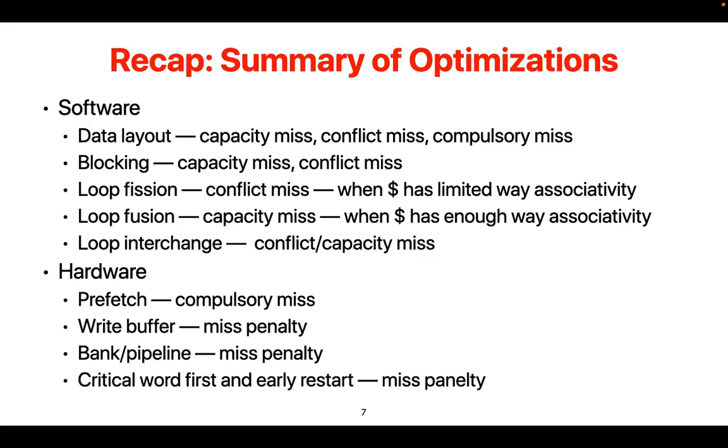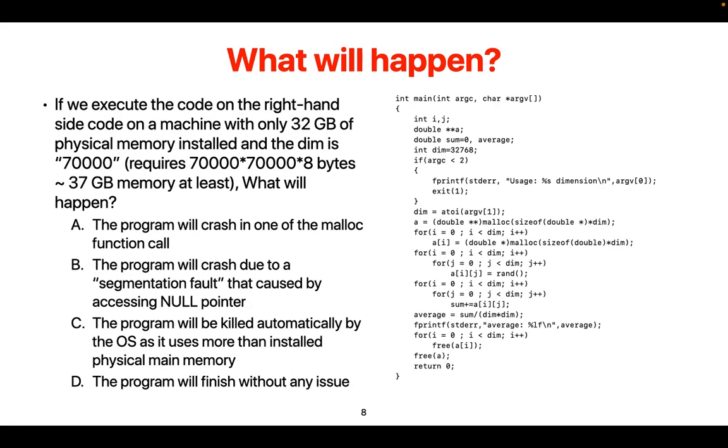However, I also showed you that with different processors and different code, the effect of prefetching is different. Hardware also adds things like write buffers, banking, multi-pipelining, critical word first and early restart. It's all about reducing miss penalty. None of them can help reduce the miss rate. So you are the only one who can make that change.